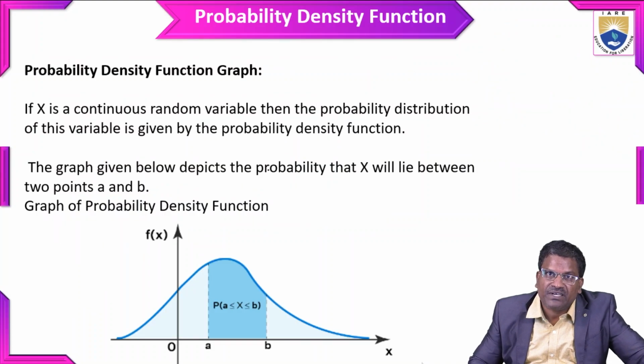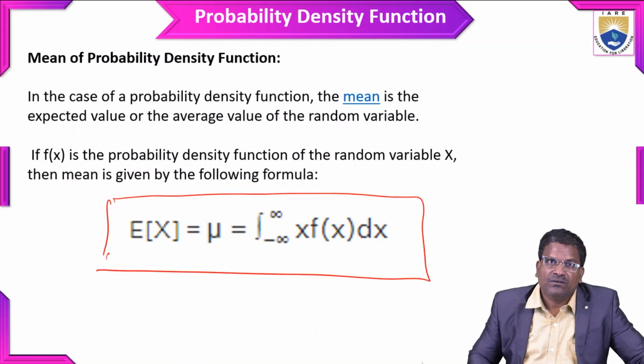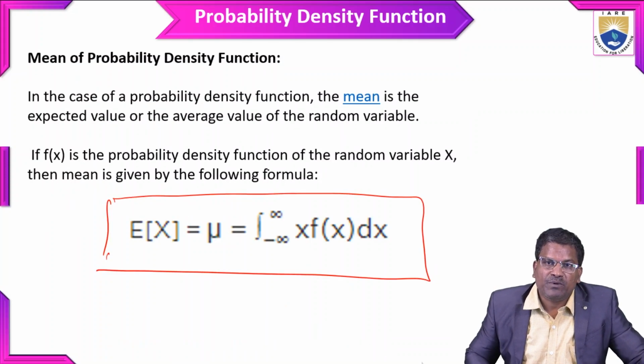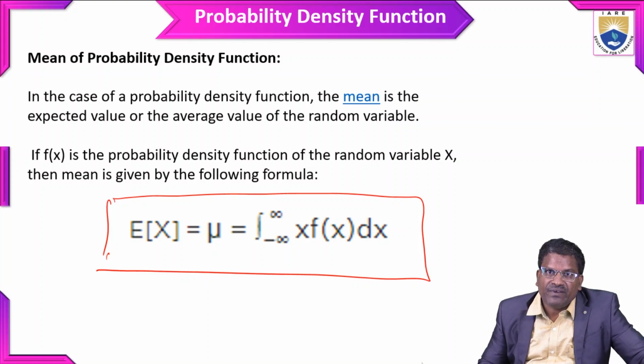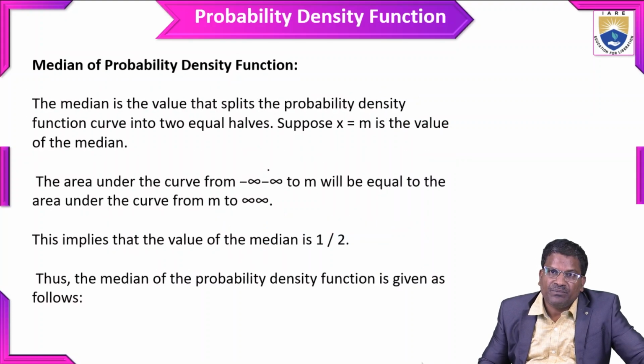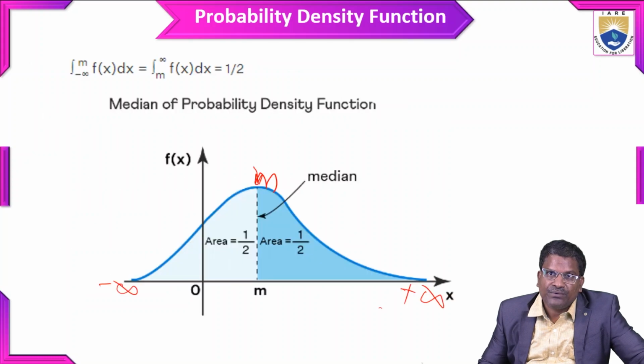So the probability density function graph we can see with the help of this bell-shaped curve. The expectation, the mean of the probability density function, can be calculated using the formula E of x is equal to mu is equal to integral minus infinity to infinity x into f of x dx. The median of the probability density function exactly comes at 1 by 2.